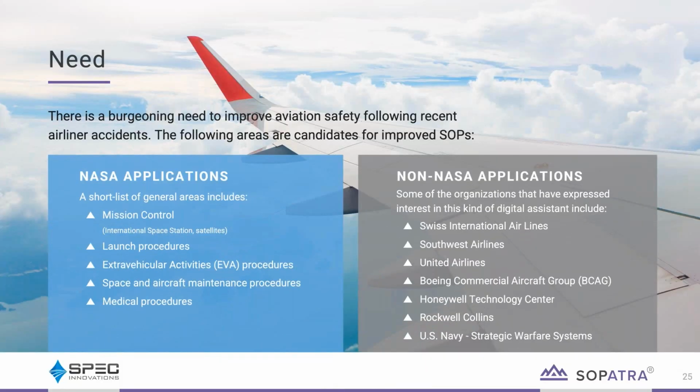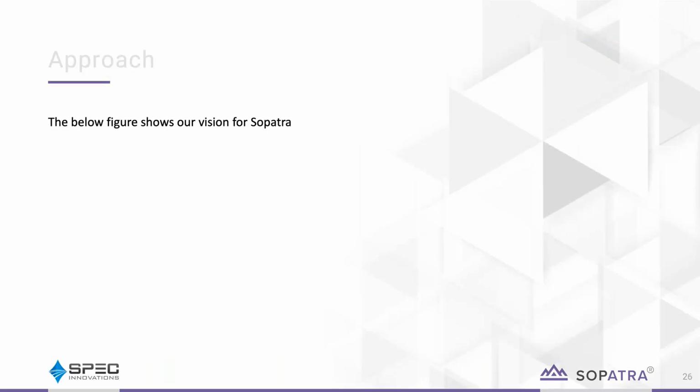So again, the need is pretty clear. There are lots of applications out there for this, non-NASA. Again, our customer is NASA, but they're excited that this is supporting other areas as well. NASA loves to have spin-offs go everywhere.